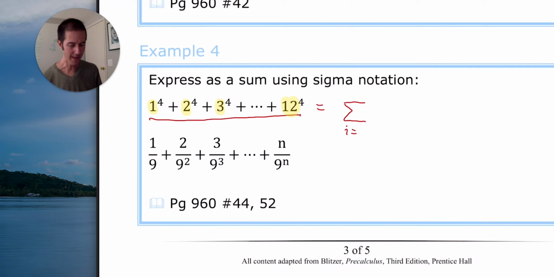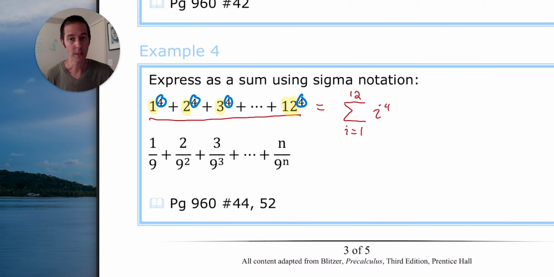So I think that we should choose an index that starts at 1 and that ends at 12. And as we march through those I values, what are we doing to them? It looks to me like we're raising them, each one of them, consistently to the 4th power. So we're taking our I value and we're raising it to the 4th power.